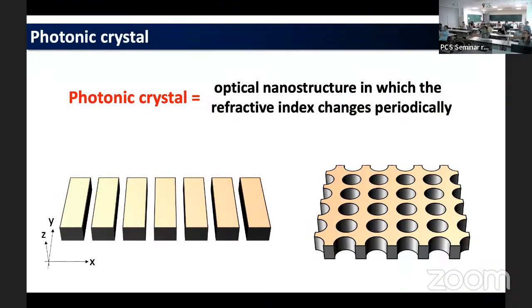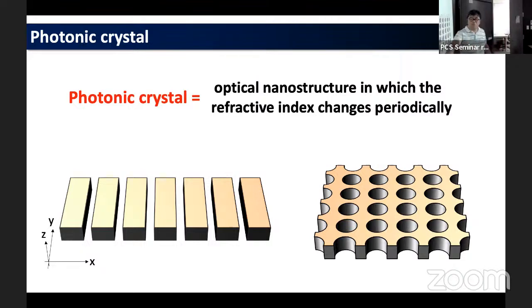So photonic crystals, as you all know, are optical nanostructures in which the refractive index of the material is modified periodically in space. Today I will mostly focus on this case that we call photonic crystal grating.